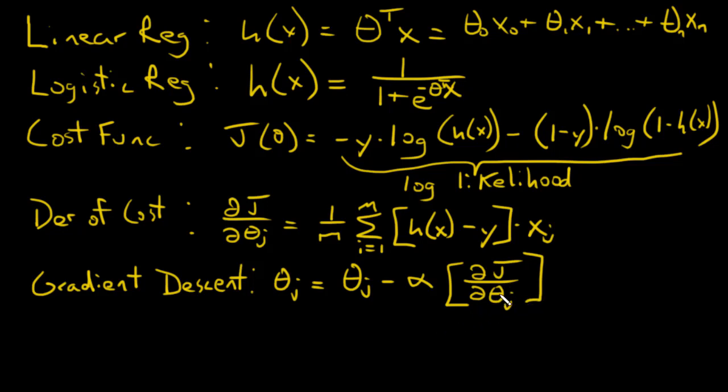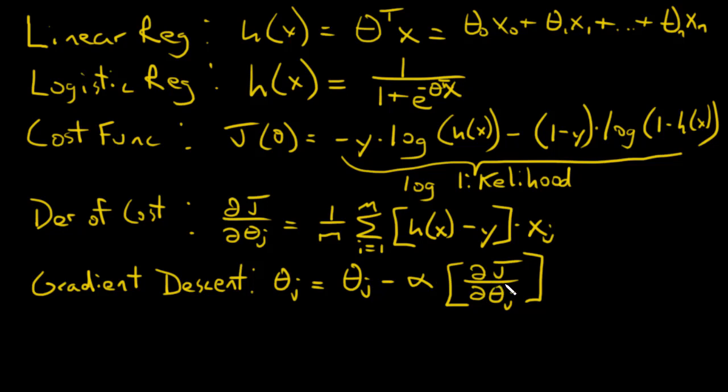What this derivative does is tell the algorithm in which direction and with what magnitude to change my theta value. So it will say whether I need to add a value to theta sub j or subtract a value, and how much of that, so the magnitude of the change.